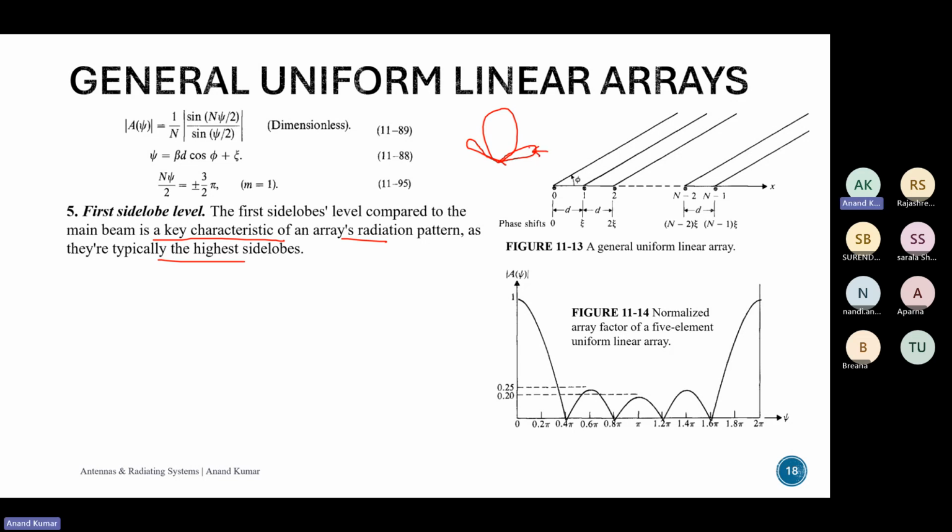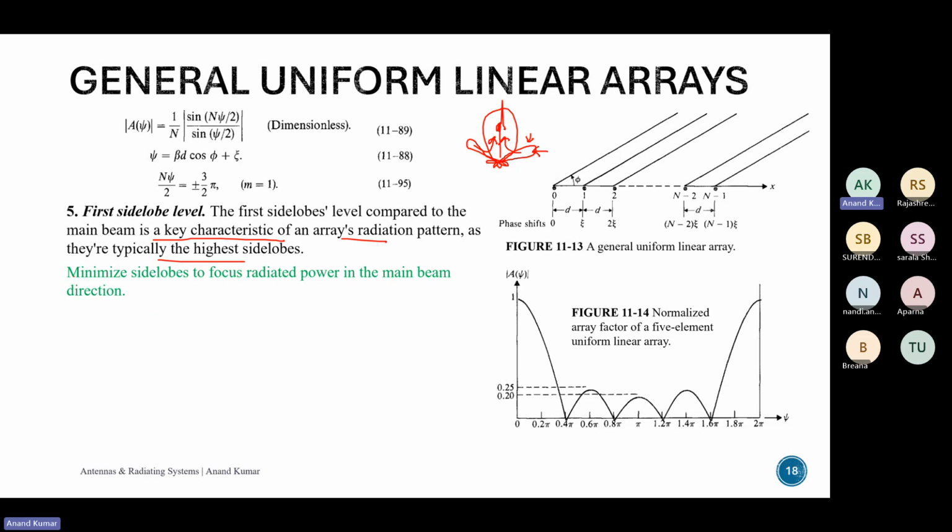And in most cases, what we do is we try to suppress this first side lobe, so that more of this power is transferred towards the main beam. So if we keep the side lobe levels very small, we will have more power in the main beam. So let's calculate the magnitude of the first side lobe level.